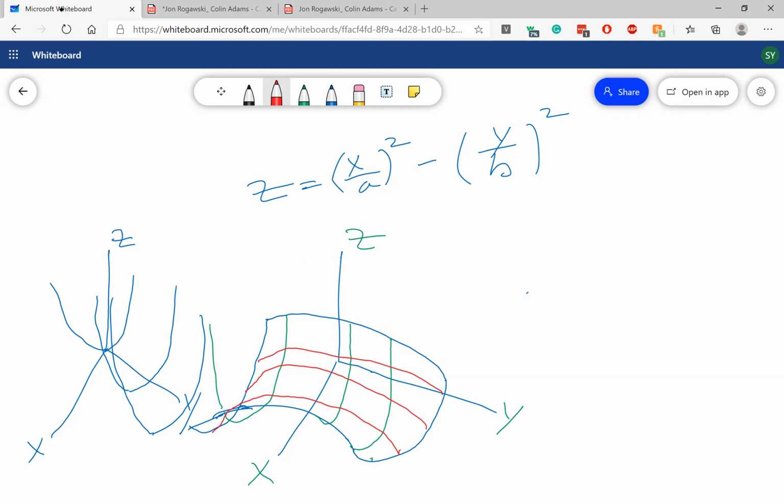So when z is some constant, let's move this to the other side. So we get x squared over a is equal to z0 plus y over b squared.